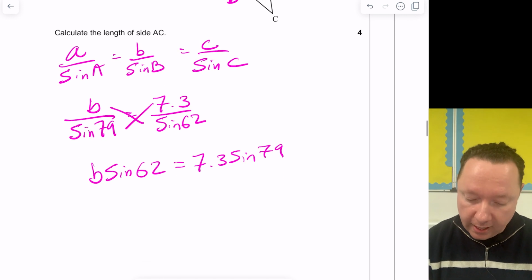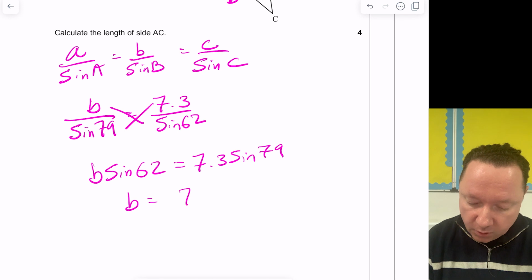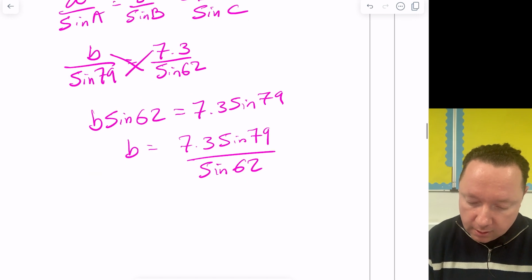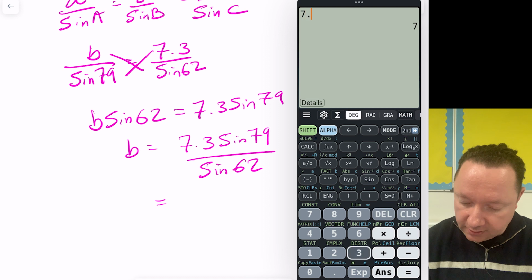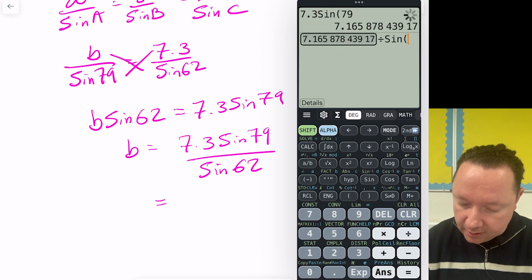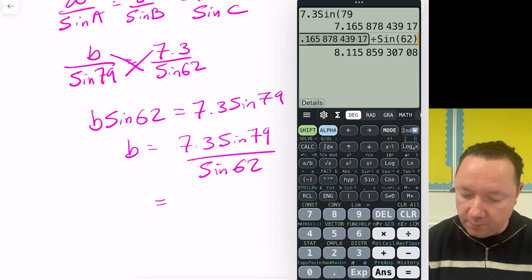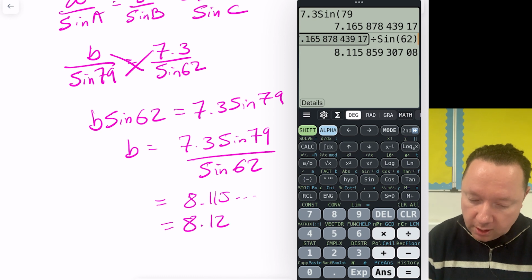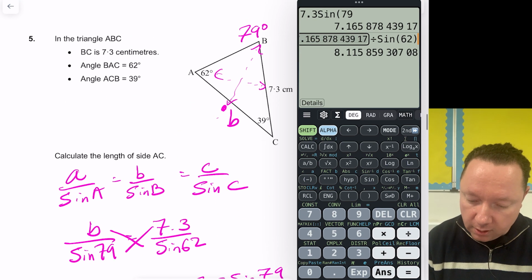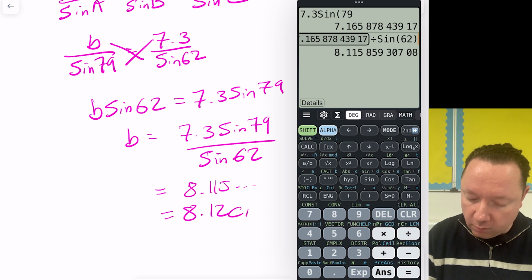So that means we get B is 7.3 sine 79 over sine 62. Get my calculator back. 7.3 sine 79 divided by sine 62 is 8.115. Round it to somewhere reasonable, let's just call that 8.12, and the units were centimetres, or 8.1 would be fine.